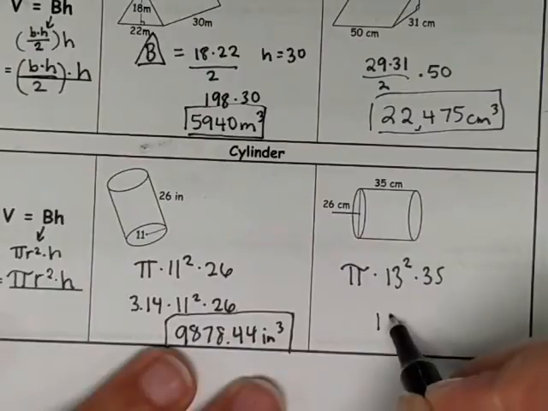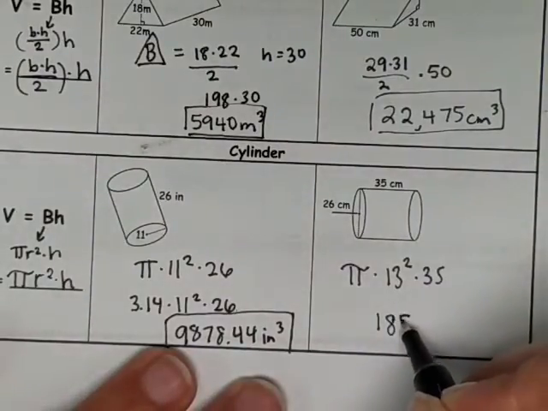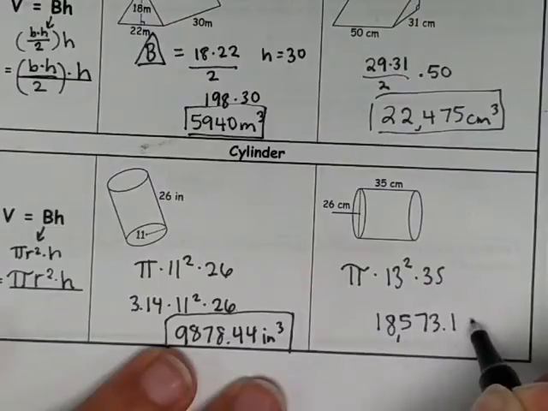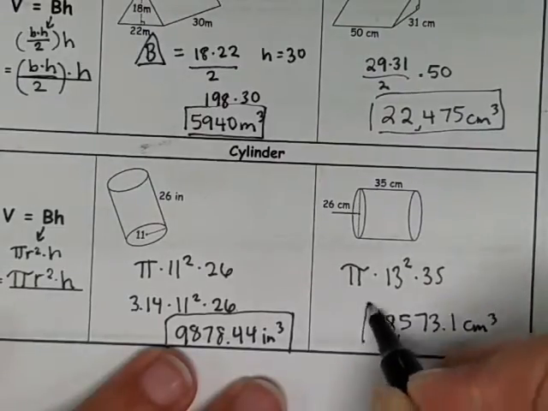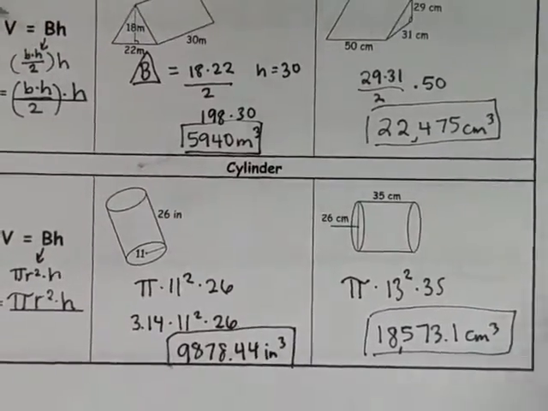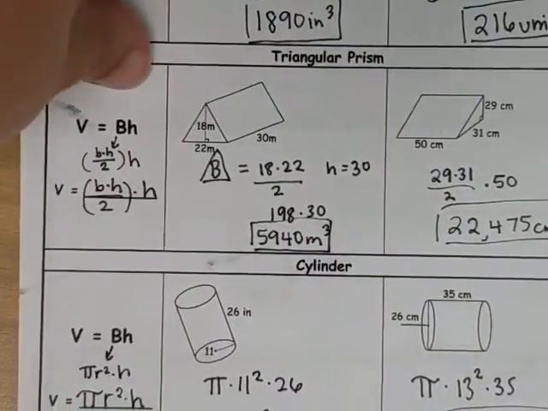Another rather large number, 18,573.1 centimeters cubed. Okay, so those are the basic three shapes that I wanted to talk about tonight for volume.